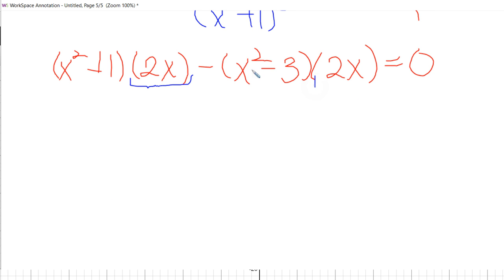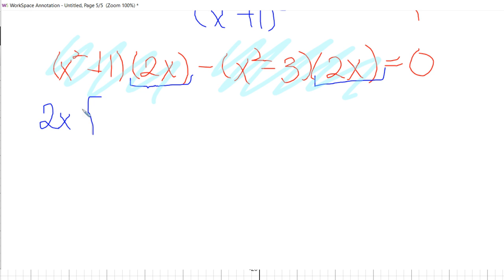Here's what I mean by term 1 and term 2. We have 2 terms, and in both of those terms I have 2x as a common factor, so I'm going to factor that out up front. When I do, I just have x squared plus 1 left, minus x squared minus 3.